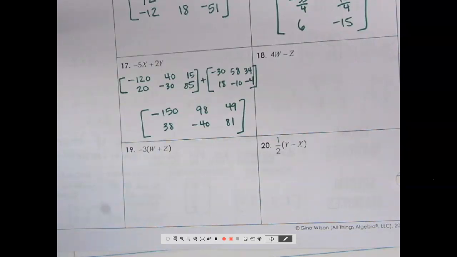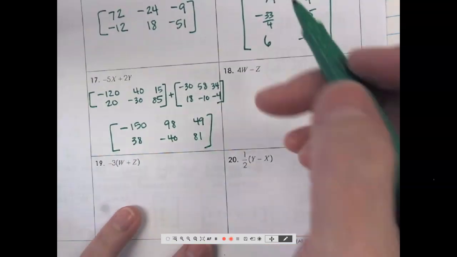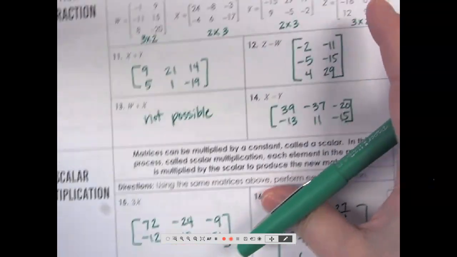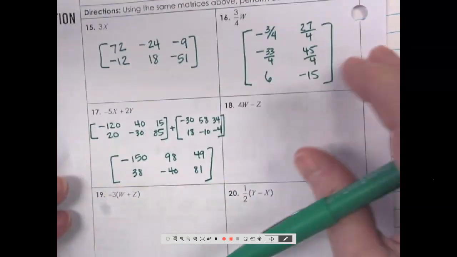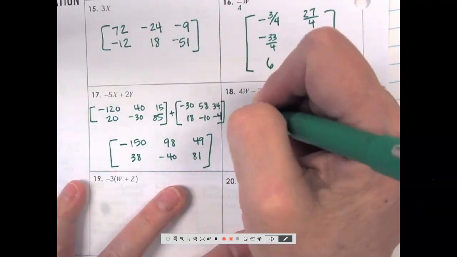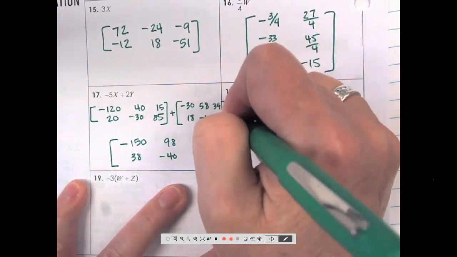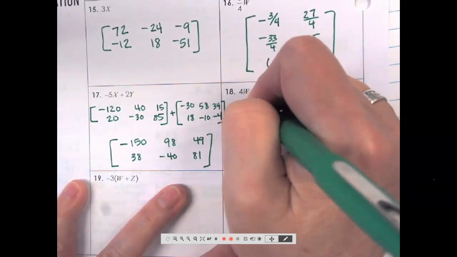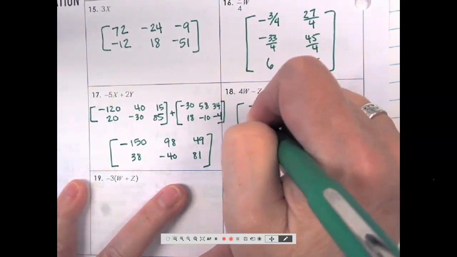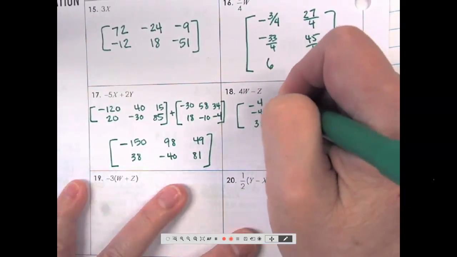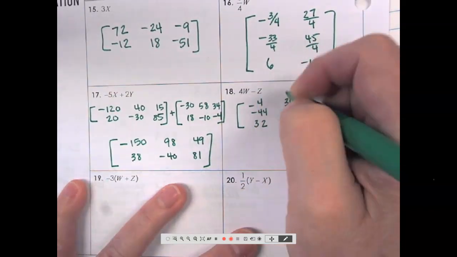4w minus z. Are they compatible? Are w and z compatible? Yes, we were all hoping that they weren't, weren't we? 4W. Okay. Negative 4. Negative 44. 32. 9 times 4.